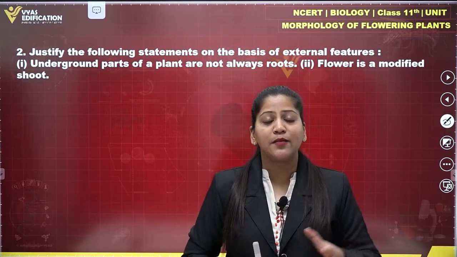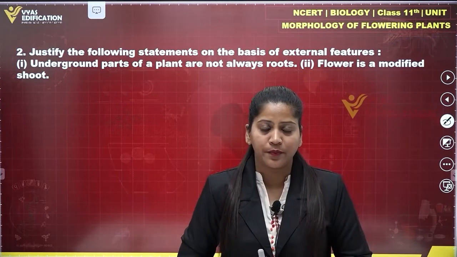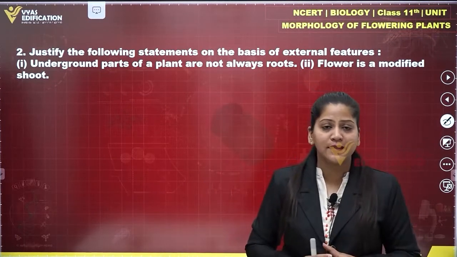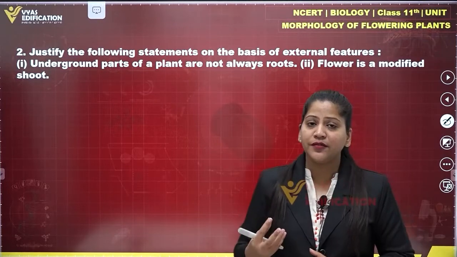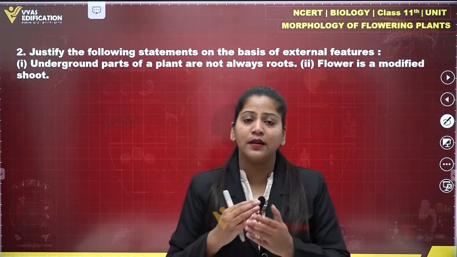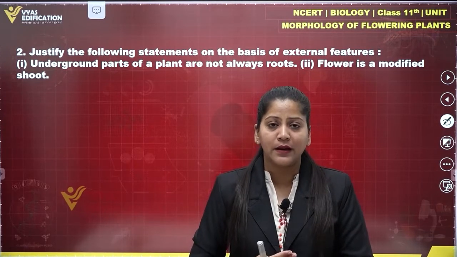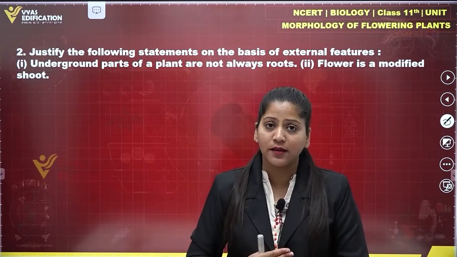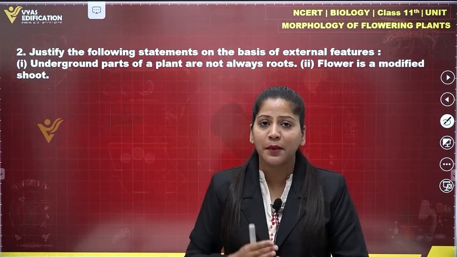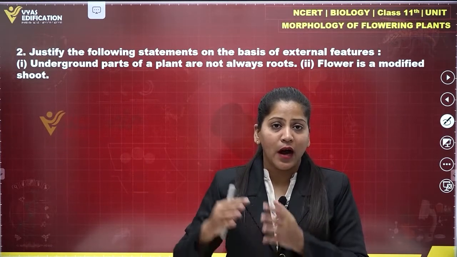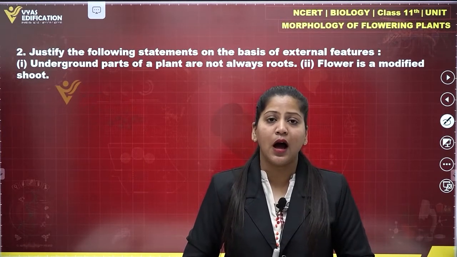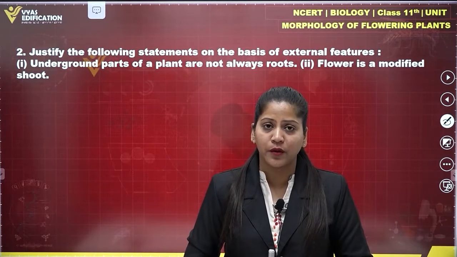These stems are known as rhizomes, right? So this is the first example justifying statement number 1, that it is not necessary that any underground part of a plant is always root, because in ginger and banana, the parts which are underground and swollen are stems, not roots.